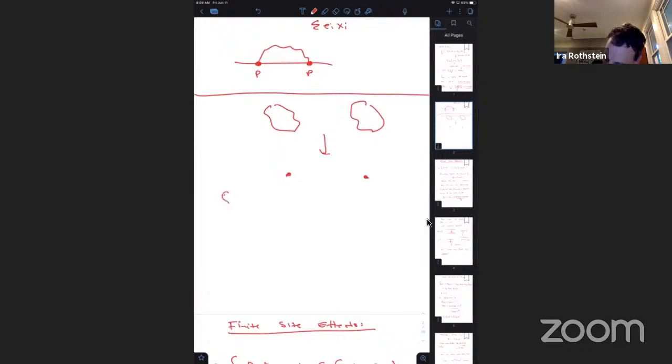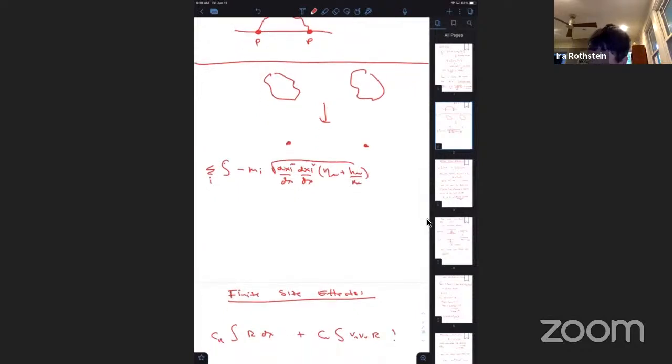And then we know the action for the point particles is minus m_i. And now we want to include finite size effects.